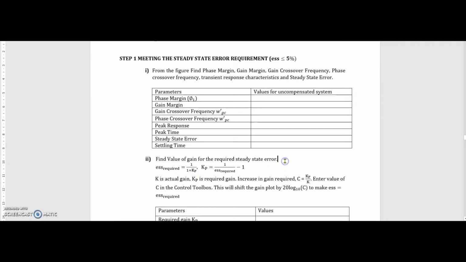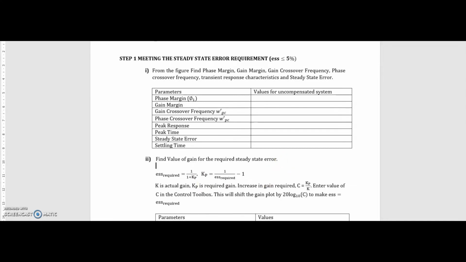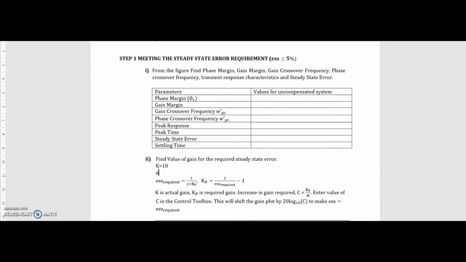So for example, our system has a gain K equal to 10. So our steady state error will become 1 divided by 1 plus 10, right? So this will be around 0.09, which is nothing but 9%.